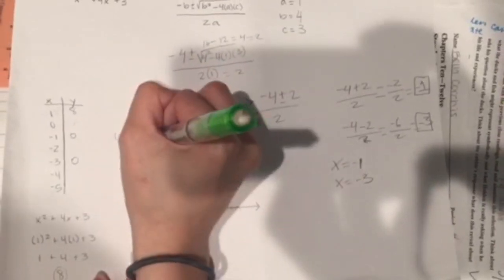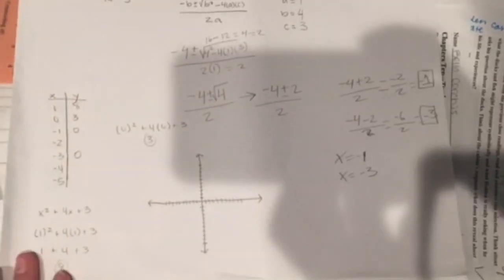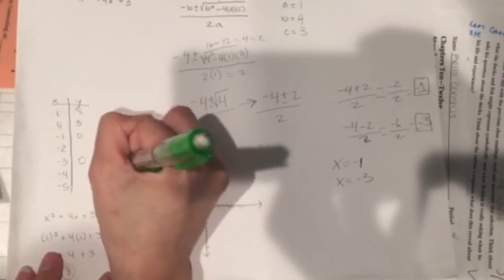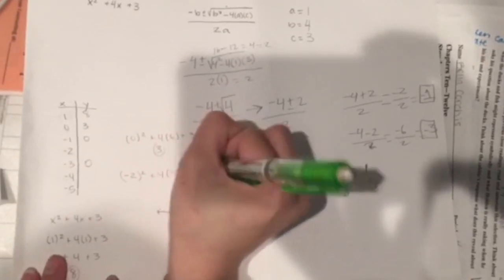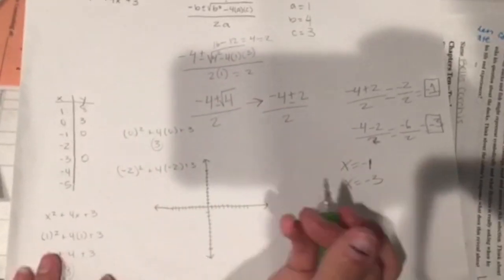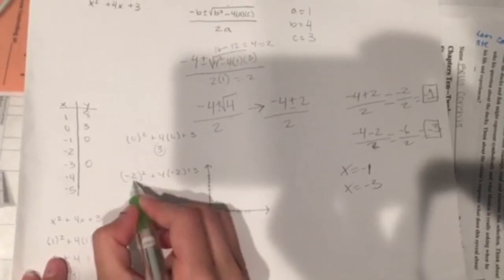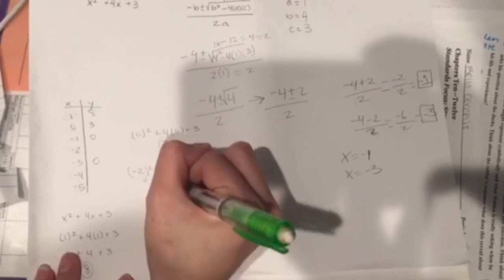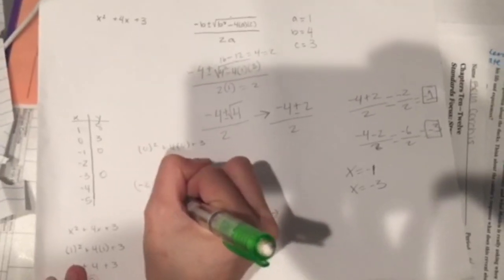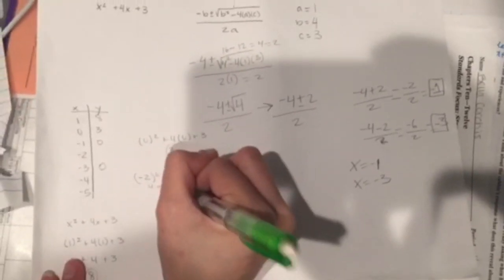And so now that we've got most of them, we're going to double check with the other two to make sure that they all match up. So it looks good so far.